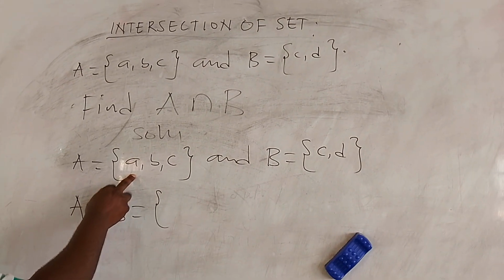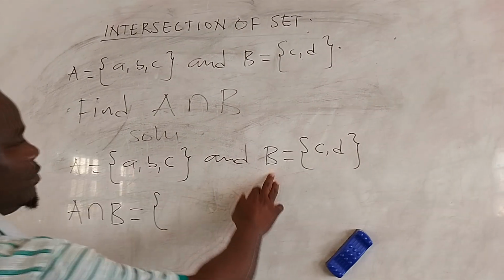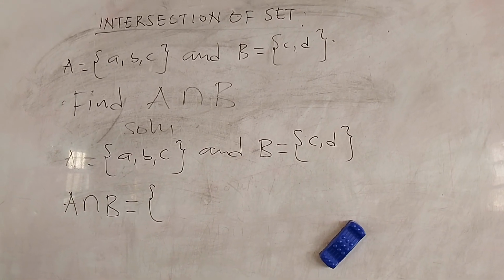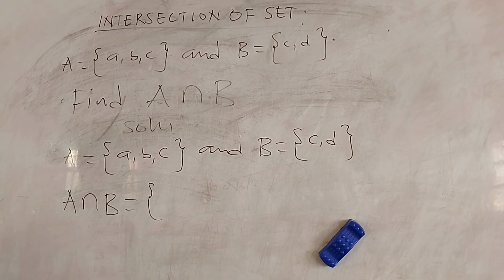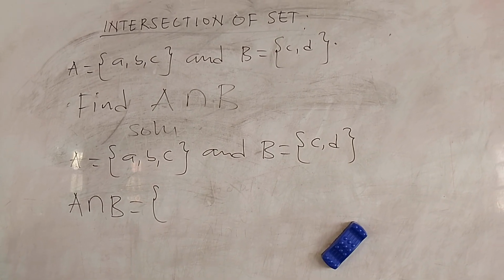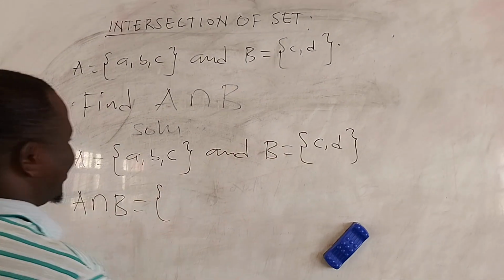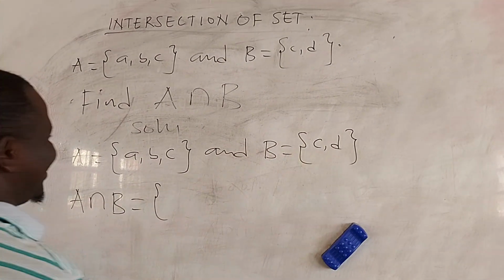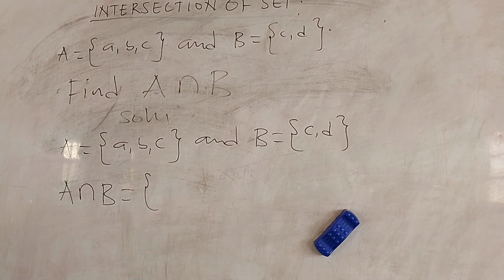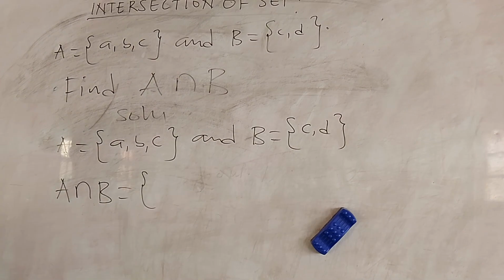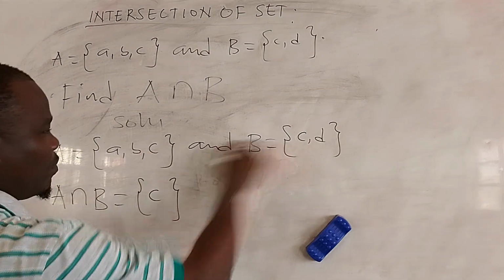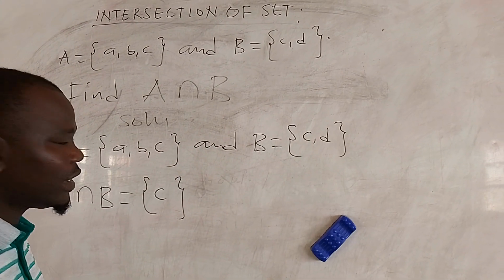Set A contains A, B, C. Set B contains C, D. What is common in set A and set B? You discover that we have A here and we don't have A here. We have B here and we don't have B here. But we have C here, we also have C here. So it means the intersection of A and B is C, because C is common among the two sets.